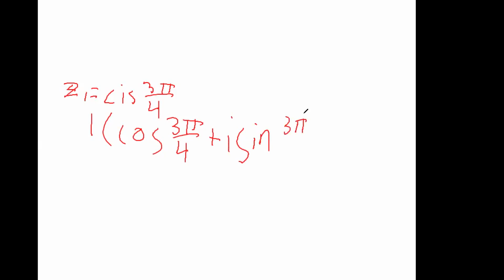And 3 pi over 4, for the cosine, is equal to negative root 2 over 2, plus root 2 over 2 i. Normally you multiply r times the cosine theta value and the sine theta value, and that converts it to Cartesian form. This is your Cartesian form for that.